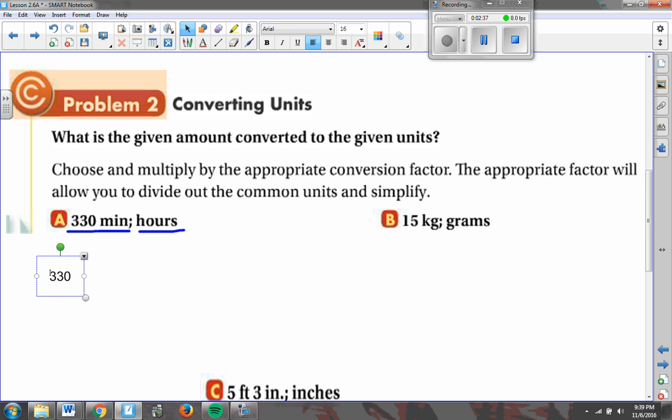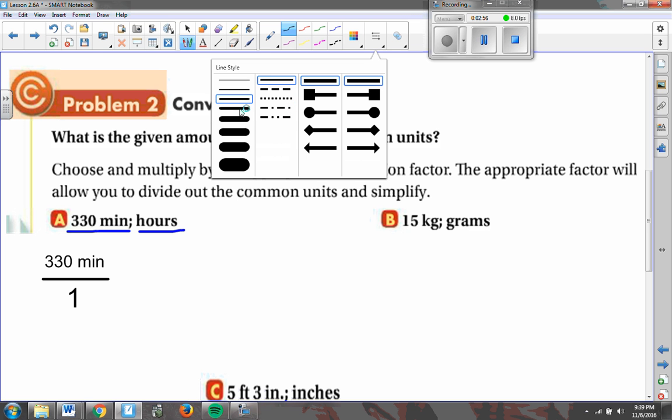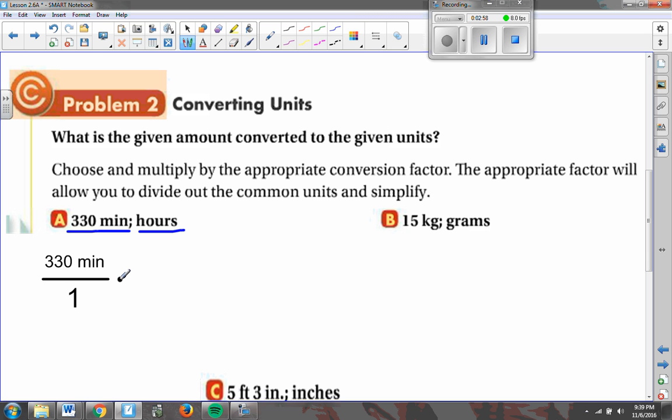I'm going to write out 330 minutes, and I'm going to make this into a fraction just over a 1. Because we know putting something over 1 doesn't change it, but it does allow me to see this as a multiplication of fractions.